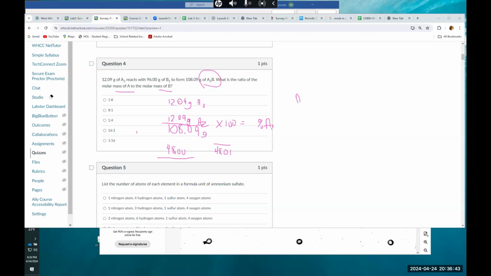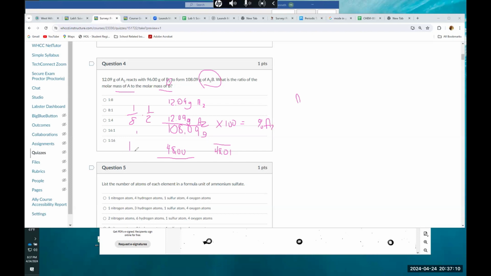96 divided by 12 is 8, right? So in other words, right now we have 1/8. Now, since there's 2 of these and we only want 1 of those, we have to take another half. So we multiply that times a half.